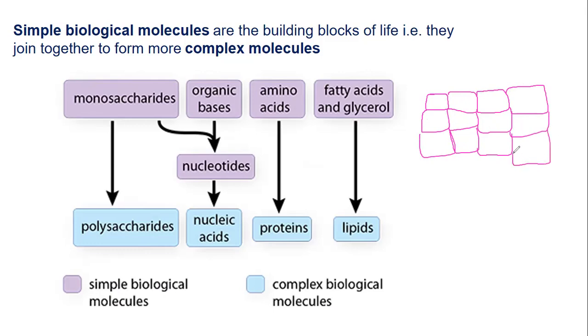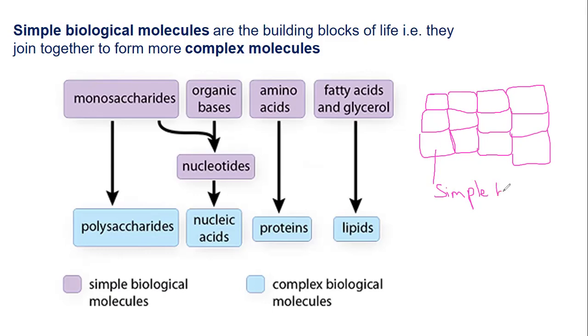So even when it comes to these biological molecules, most of them are large molecules and very complex, but they are made up of subunits, which we are calling the simple biological molecules. Those simple biological molecules are joined together to form the large complex biological molecules.